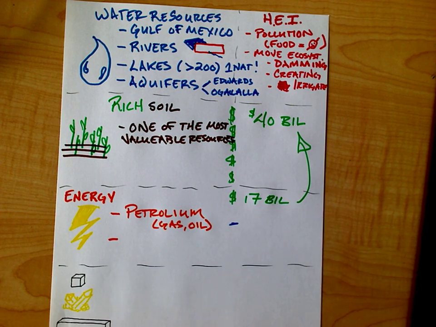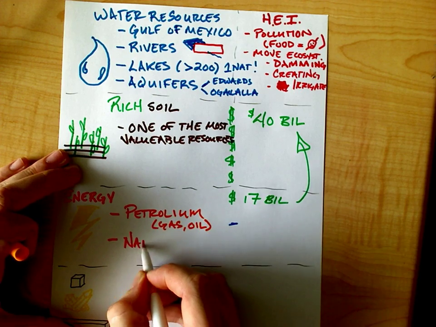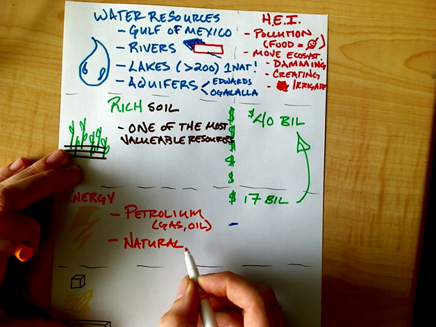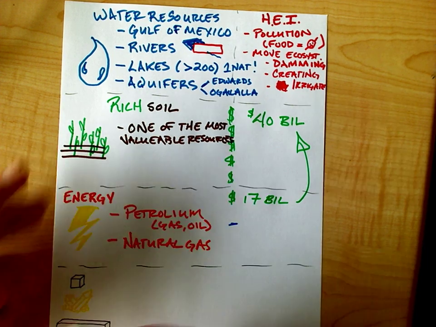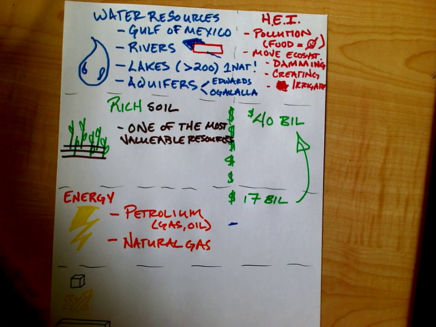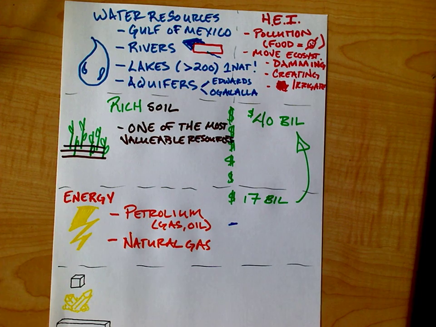And we also have natural gas. Those are the two big energy production items in the Texas area. They're our most important mineral resources that we have.